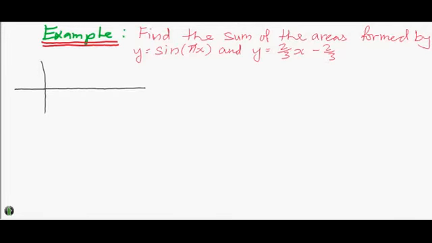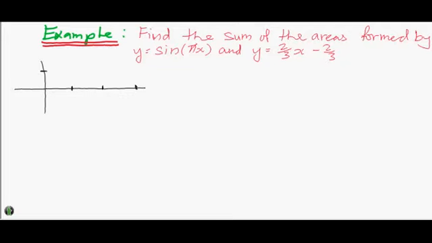So sine pi x is just a sine curve, and you'll know something about it, that its period is what? 2. Because the period is 2 pi divided by the coefficient of x, so 2 pi divided by pi. You can get a sine curve where the period is 2, the amplitude is 1.